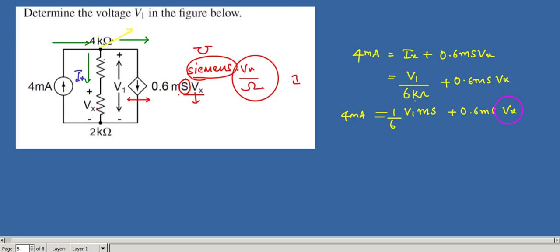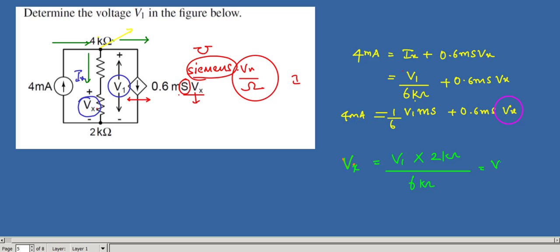This is a parallel branch. Total voltage is V1 and I want to find Vx. Let's apply voltage division rule. If I apply voltage division rule, Vx equal to V1 into 2 kilo ohm by 2 plus 4, 6 kilo ohm.